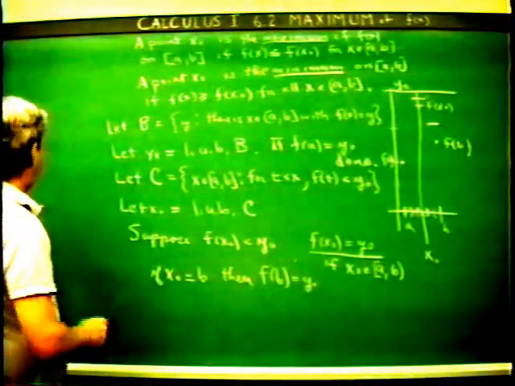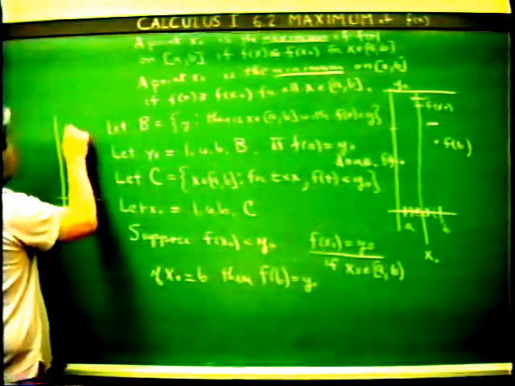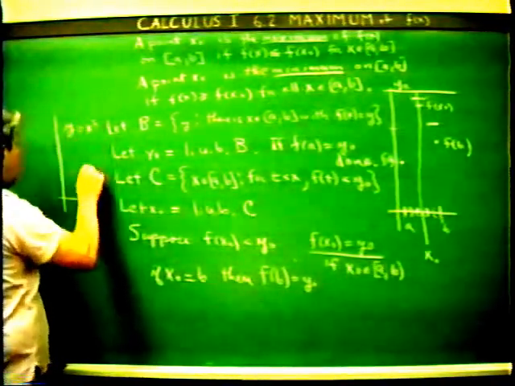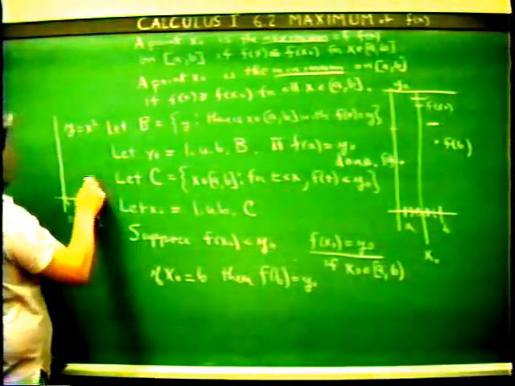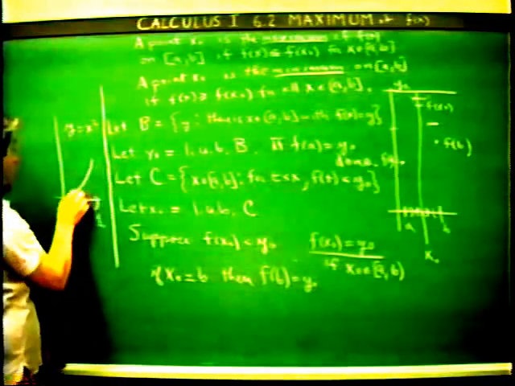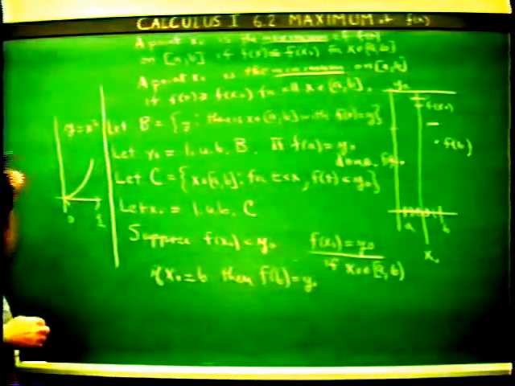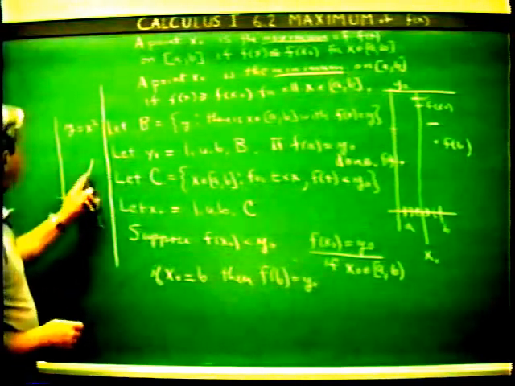Now, the fact that this is a closed interval is important again. For example here, if we let y equal x squared on the open interval 0, 1, right? Then we find that the graph of this looks like this. And the function does not take on either its maximum or minimum on this open interval.